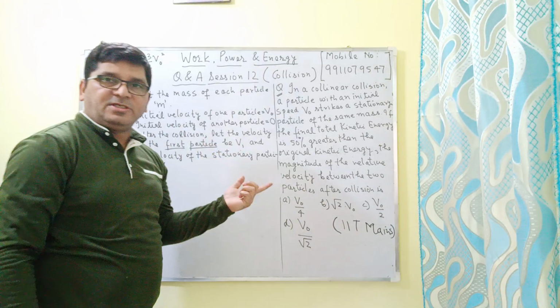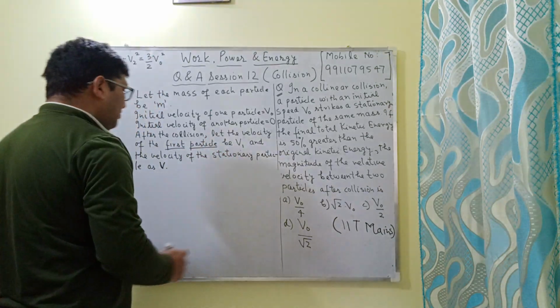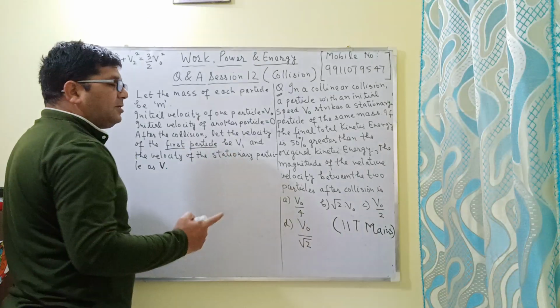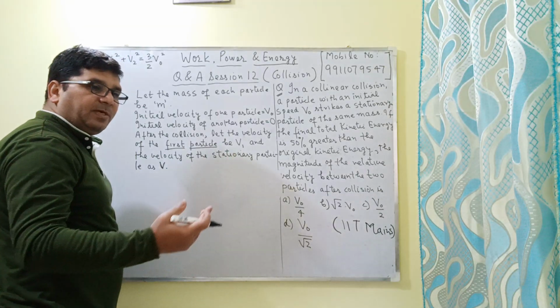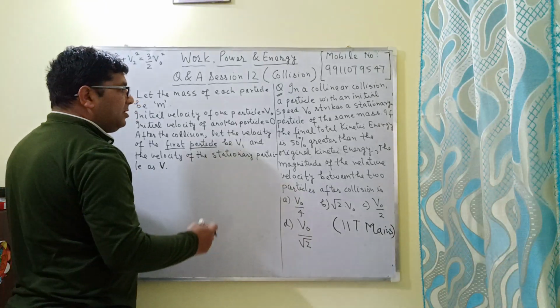Now, in any collision, as I have just told you, the total linear momentum is conserved. Therefore, the initial total linear momentum, that is the linear momentum before the collision, is equal to the total linear momentum after the collision.